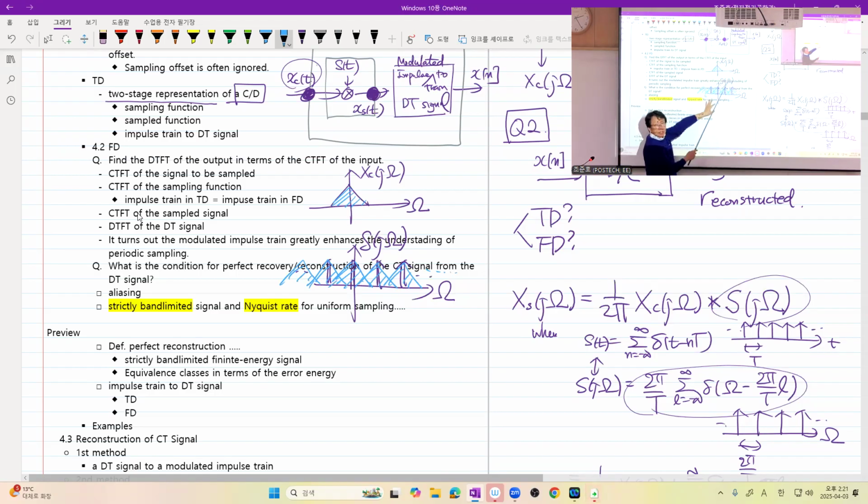Suppose you do not know that the original continuous time signal spectrum is a triangular function, but you are just given the CTFT of the sampled signal. Can you guess without hesitation that the original signal was this one? Actually, no. Why? Because there could be many, many options. For example, this could be one option.